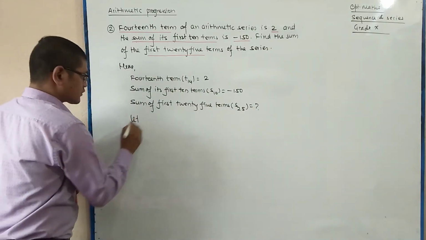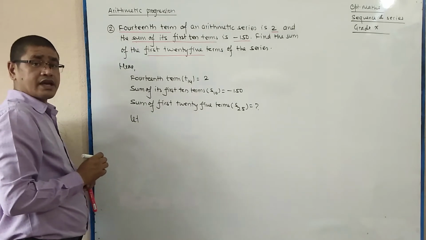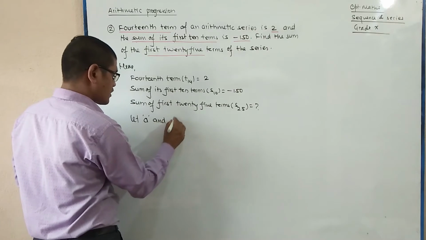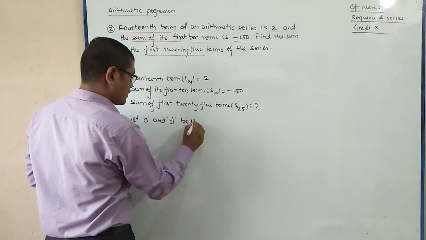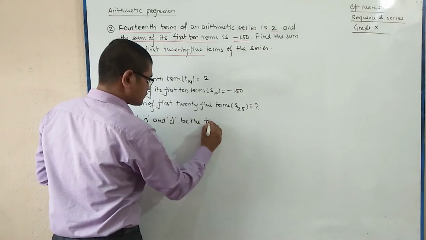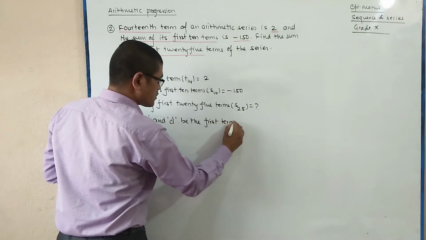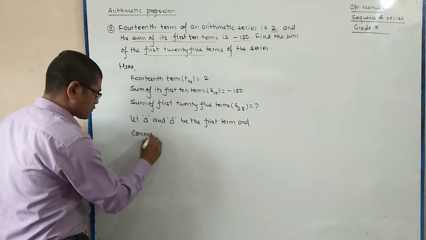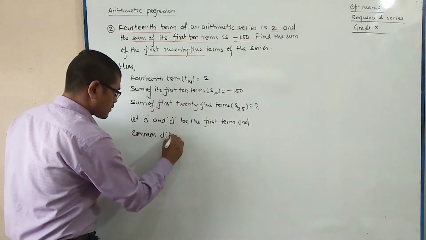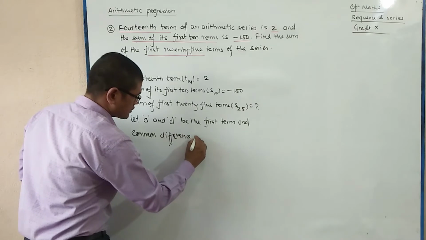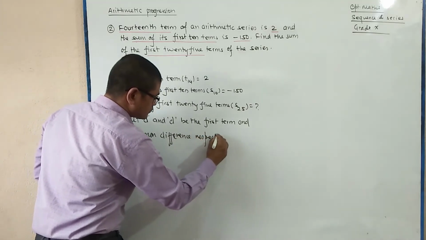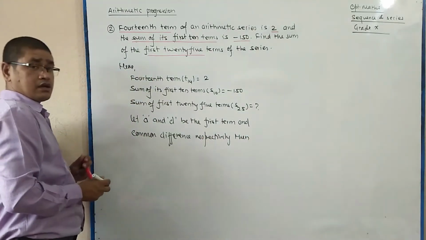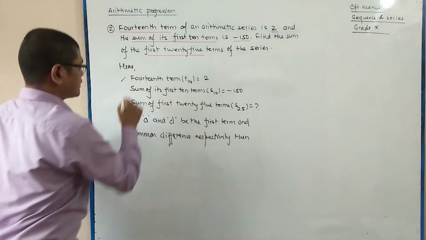Let's write about A and D. Let A and D be the first term and common difference respectively. Then let's use the first condition.